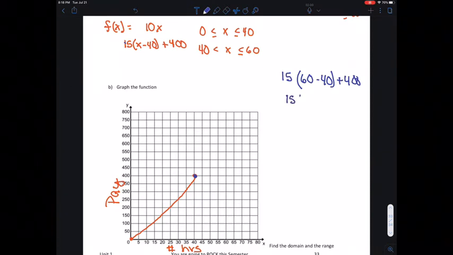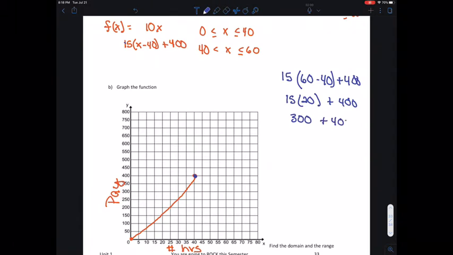So this is 15 times 20 plus 400. 15 times 20 would be 300, plus 400. So the most that you could make would be $700.